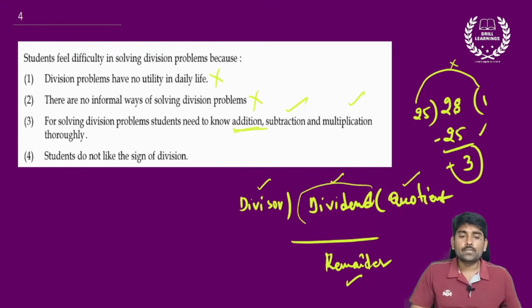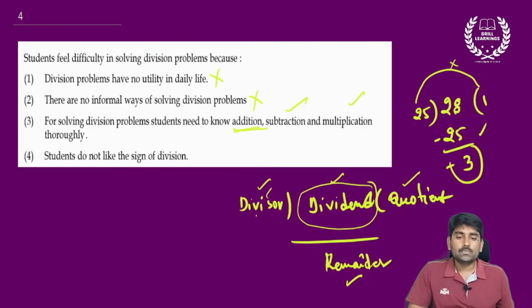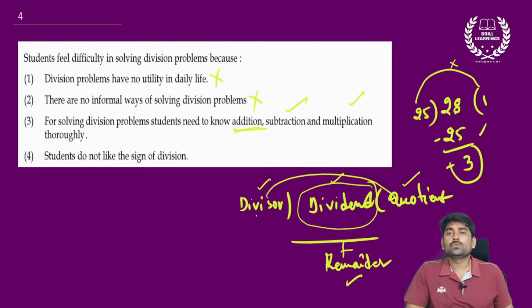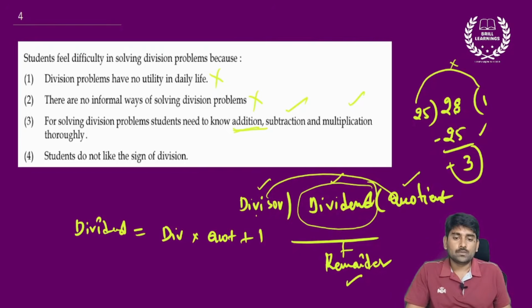I'll just multiply this divisor with the quotient and then add up this remainder, so that I will get the dividend value, right? Dividend value is equal to divisor into quotient plus remainder.